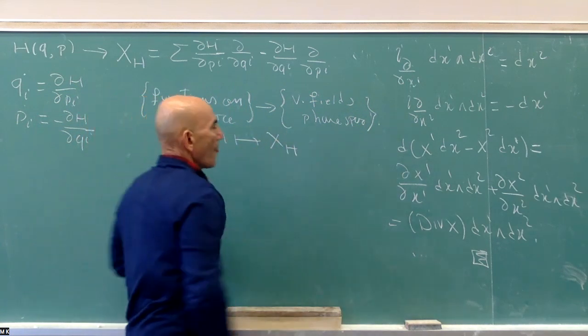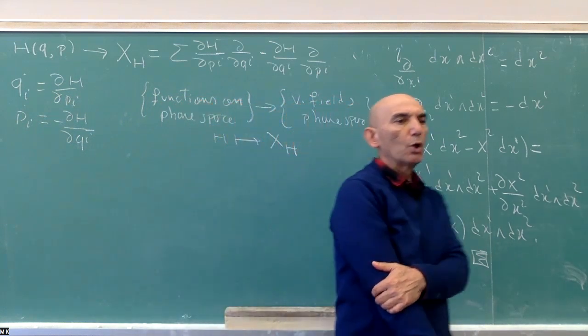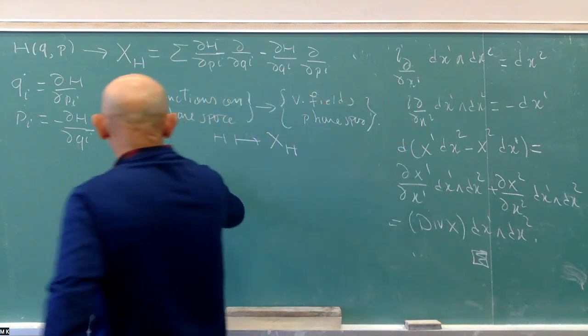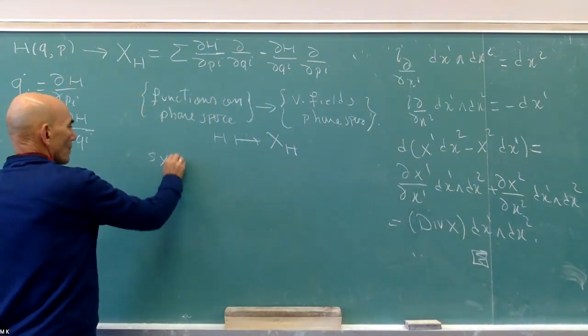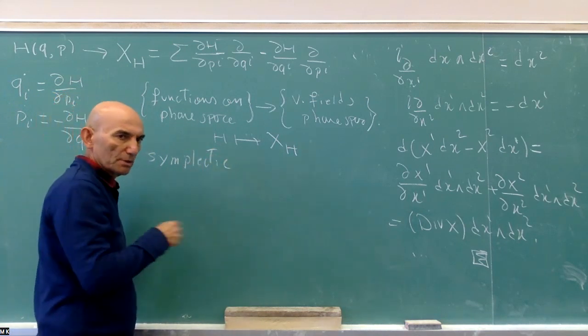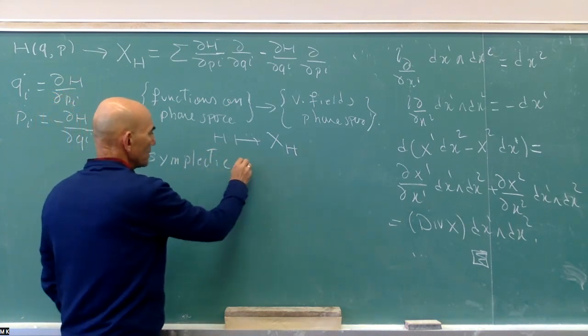So this is called the Hamiltonian vector field or symplectic gradient. It's also called symplectic gradient because it's a special case of something more general that we call symplectic.